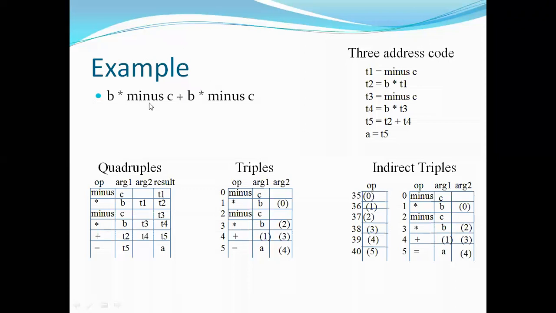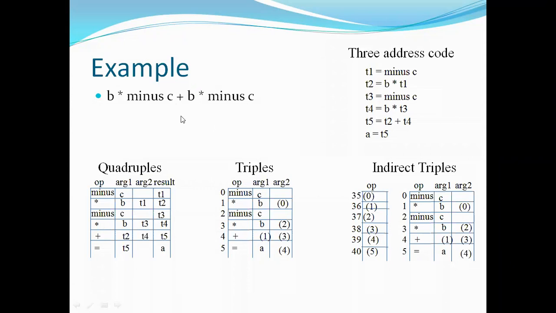That means B into minus C is the left hand side part and B into minus C is the right hand side part. And finally, by using the operator plus, I am merging the left hand side and the right hand side part into a single expression.